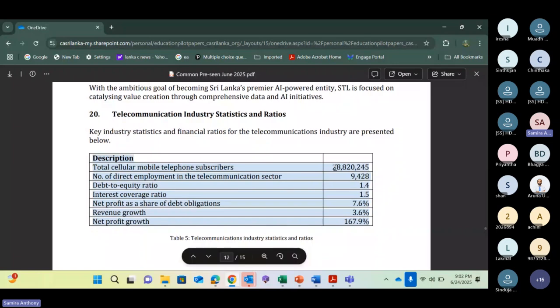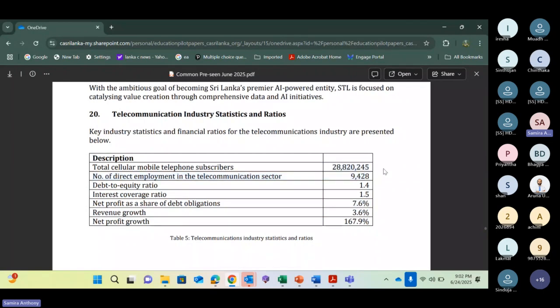Then you can calculate the debt to equity ratio of STL and the interest cover of STL. All these ratios you can easily calculate based on the given balance sheet. I think they will give you some comparison of STL numbers with these industry numbers. Better you get ready for this. Got it?